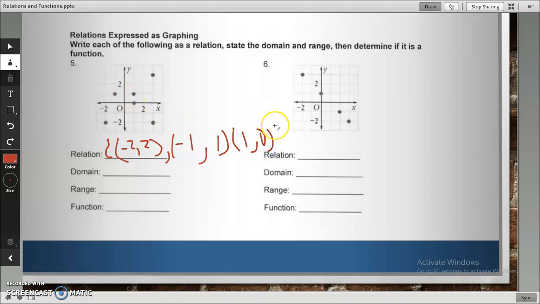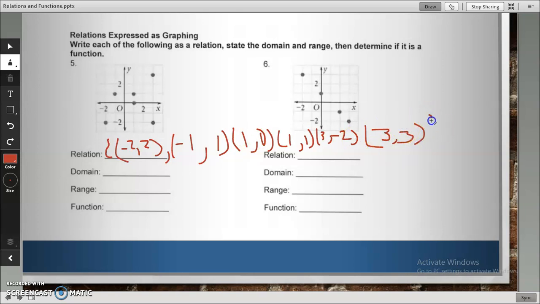We have 1, 1. I have 1, 2, and 3, -2. And 3, 1, and 3, 3.